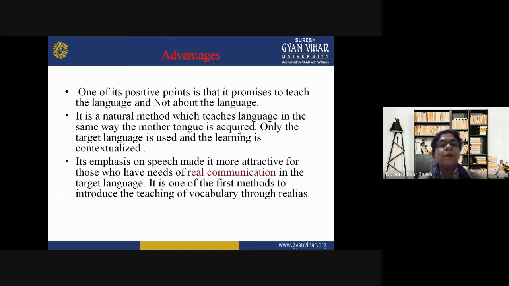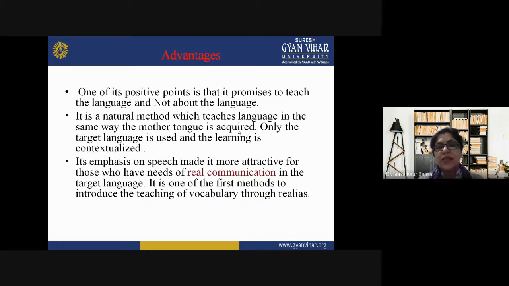Now let's see what the advantages of the direct method are. So one of its positive points is that it promises to teach the language, not about the language. What are the rules? How does it work in the classroom? How an essay is written, it doesn't talk about it.